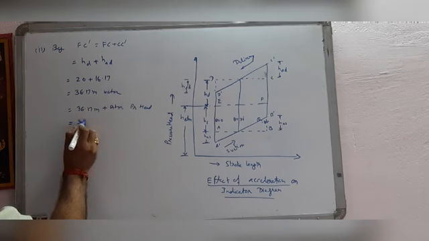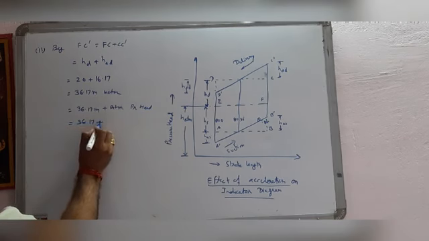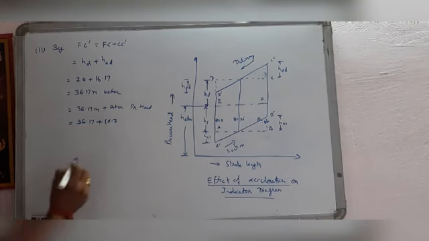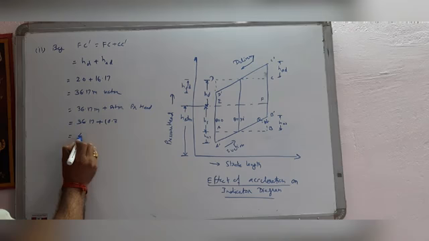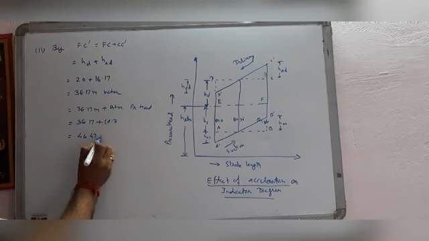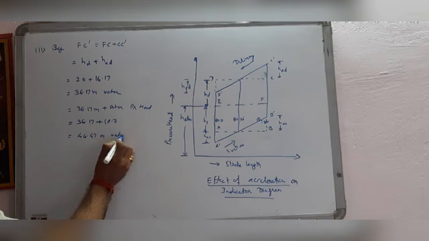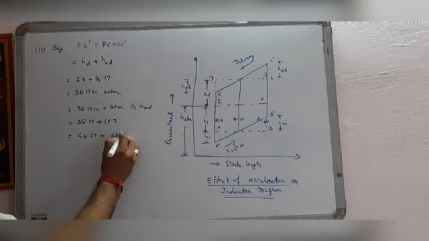So that is equal to 36.17 plus 10.3 meter equal to 46.47 meter of water absolute.